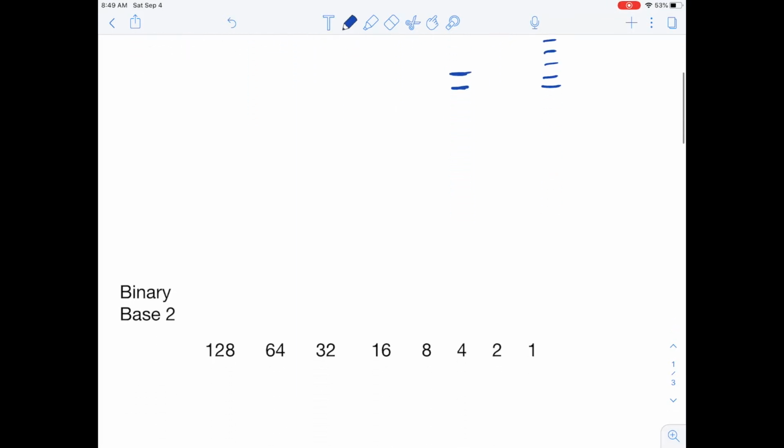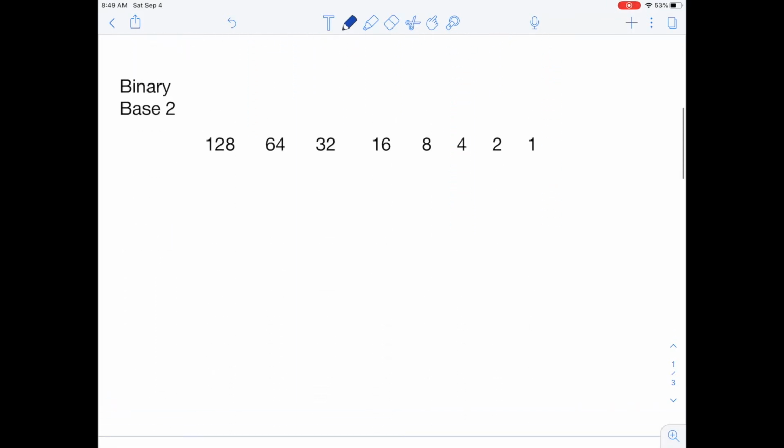Okay. The next one we looked at was binary, and this is going to be slightly different. When I'm counting with binary, I'm just going to be using the ones and the zeros. I think it makes a little bit more sense.